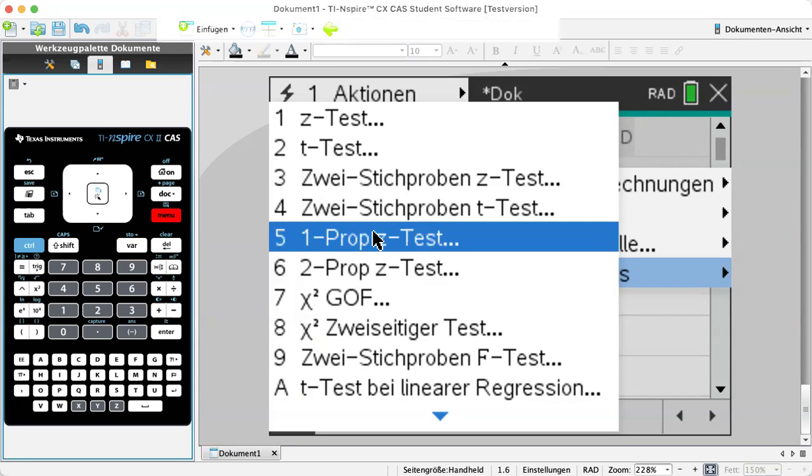But in recent history, what I observed is that most programs and calculators don't use exactly the same test statistics as Luchsinger does, or we in this lecture. So be aware that for the proportions test, there can be a small difference in the test statistics. So only use it to check.